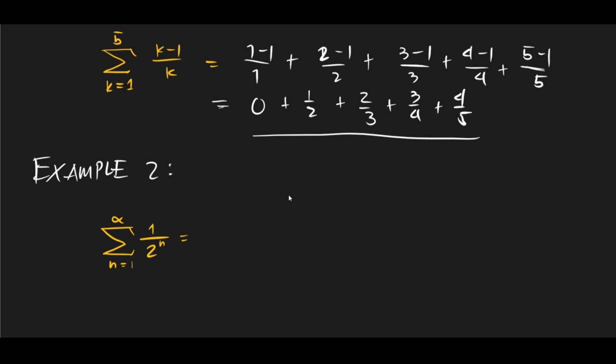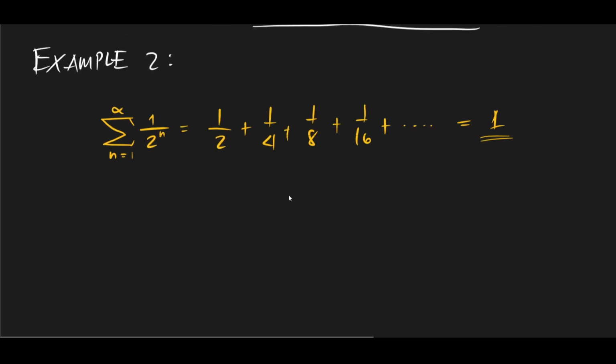If we expand this, we get 1 over 2 raised to 1, which is 1 half, plus 1 over 2 raised to 2, which is 1 over 4, then 1 over 8, then 1 over 16. If we go to infinity, this actually adds up to 1. That's an infinite series.